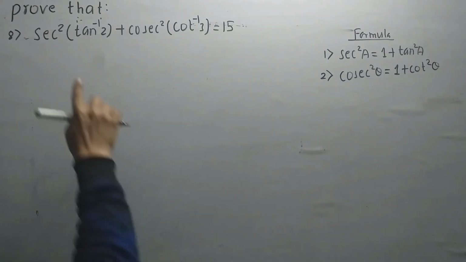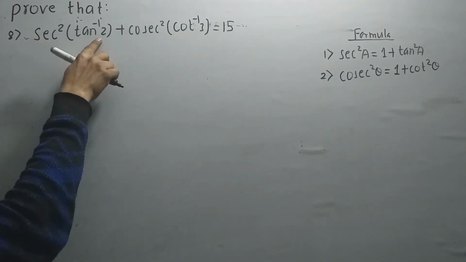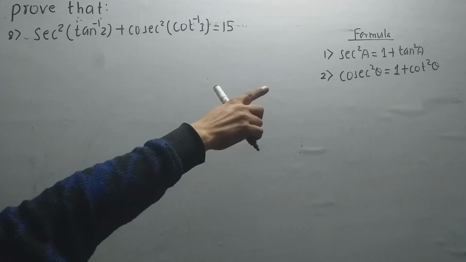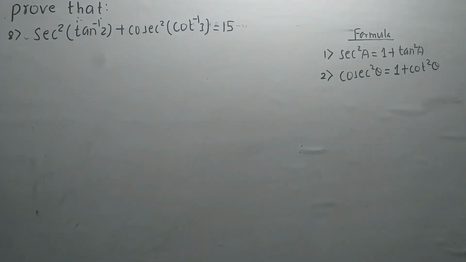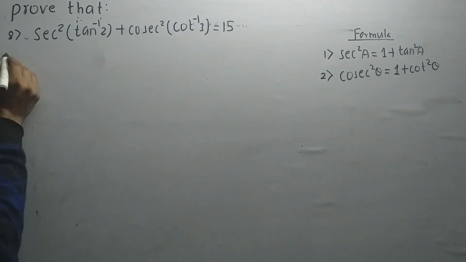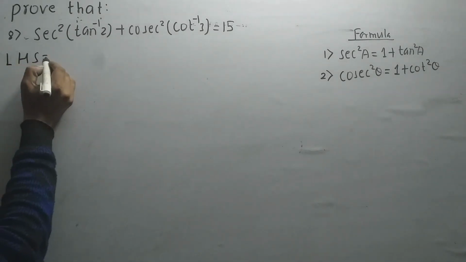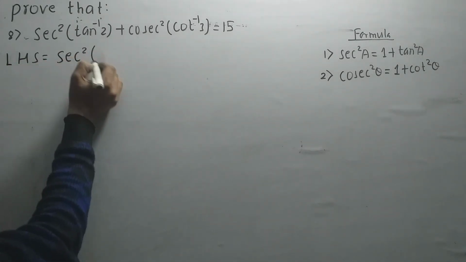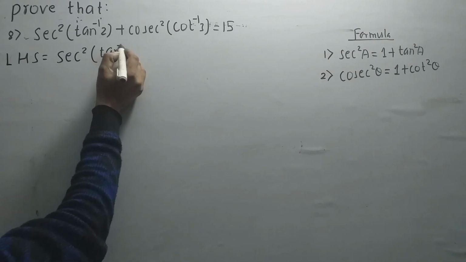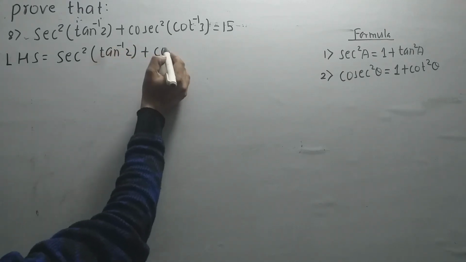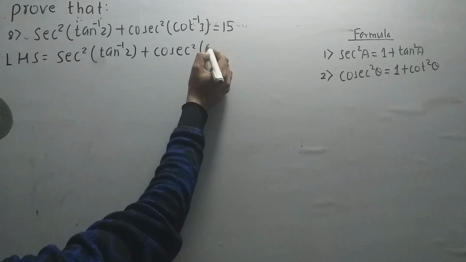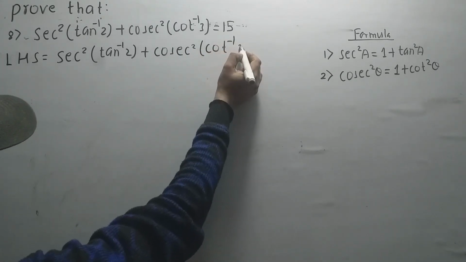So listen here, here it is sec square tan inverse 2. So sec you can convert in terms of tan, cosec you can convert in terms of cot. So let me write here the left hand side first: sec square tan inverse 2 plus cosec square cot inverse 3.